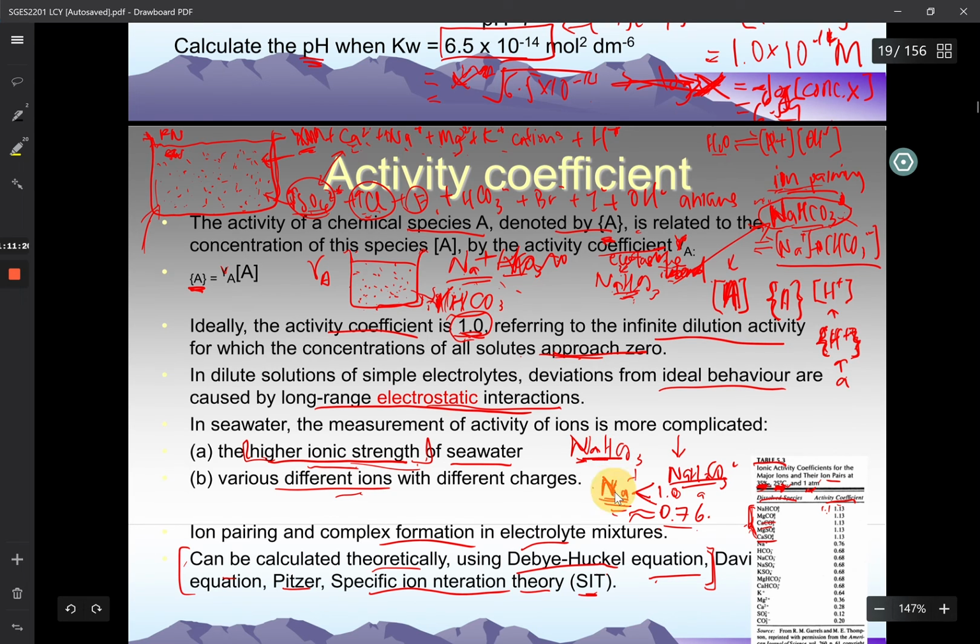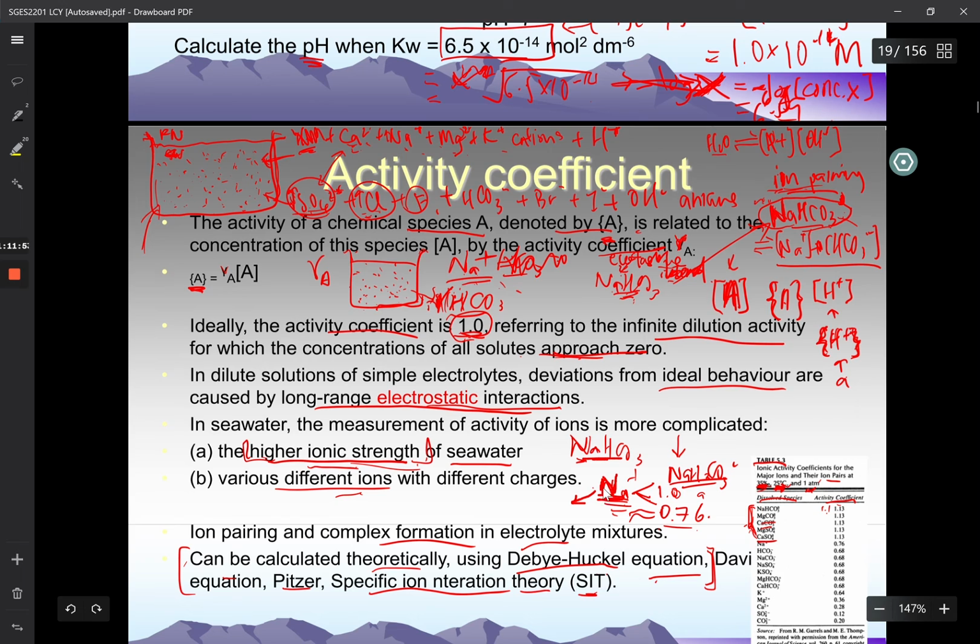All these will be nebulized and you form this freely available sodium, and this is what the instrument reports as the concentration. So we should be clear about the usefulness of this activity.